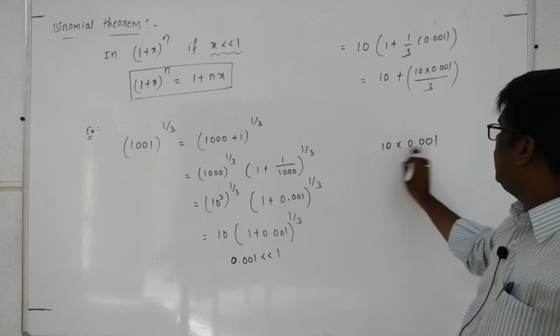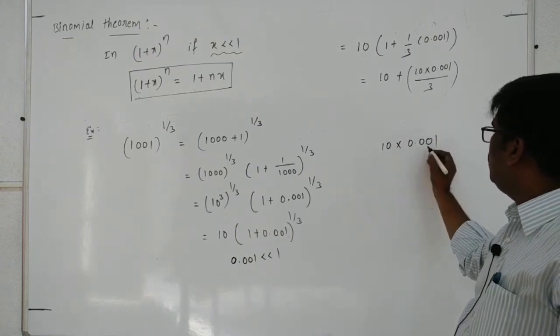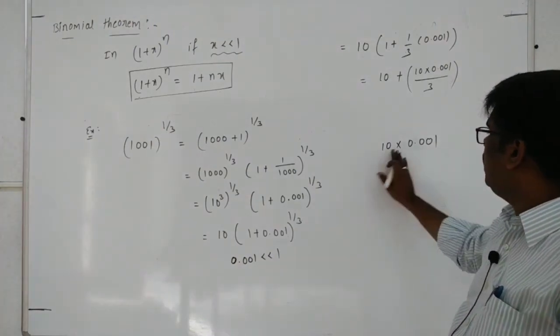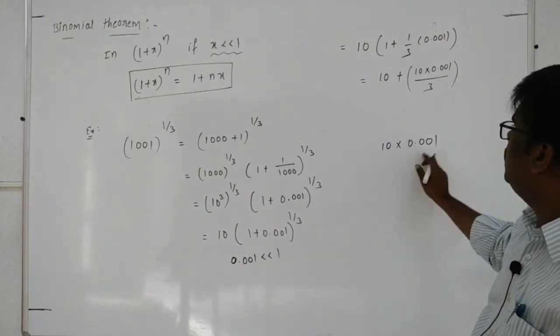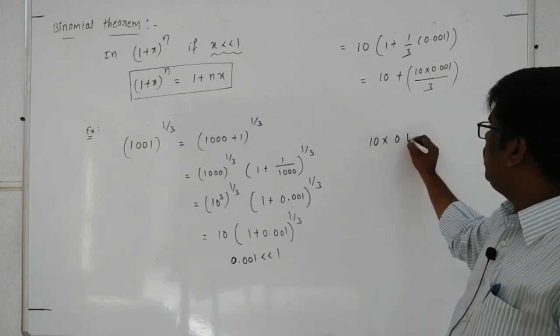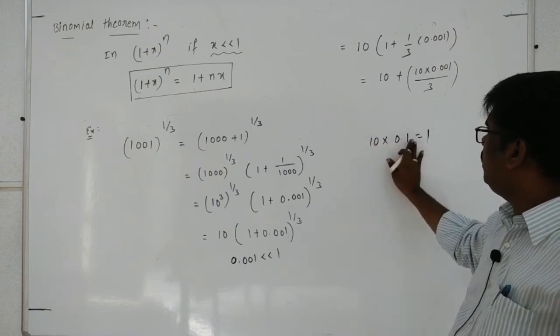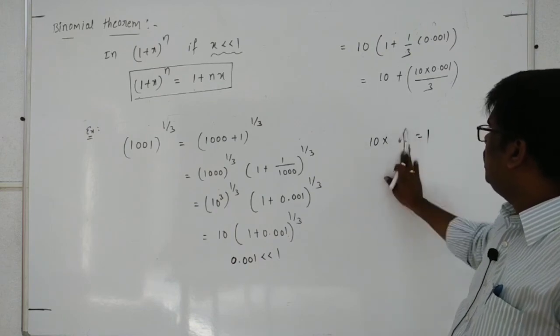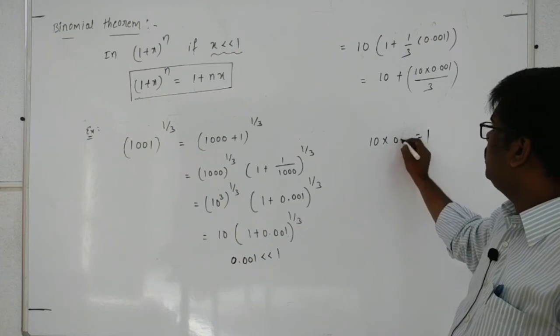0.001 is there. If you multiply by 10, what will the decimal be? One zero will be reduced. If you multiply by 100, two zeros will be reduced. You know, 10 into 0.1 is 1, because 0.1 means 1 by 10. That's why 10 into 0.1 is 1.